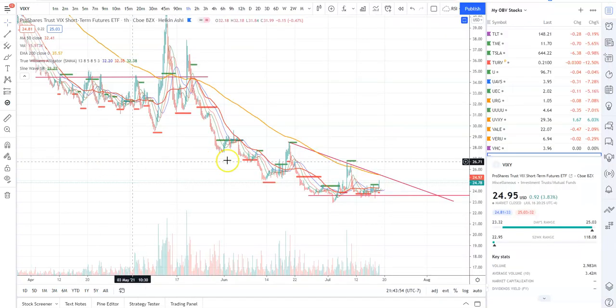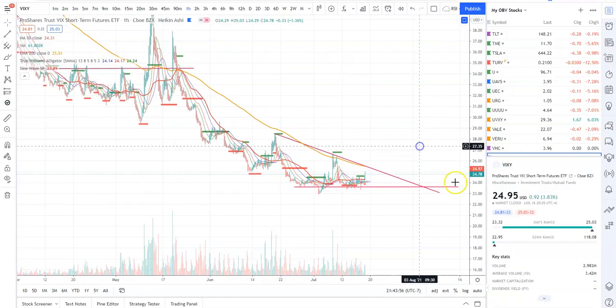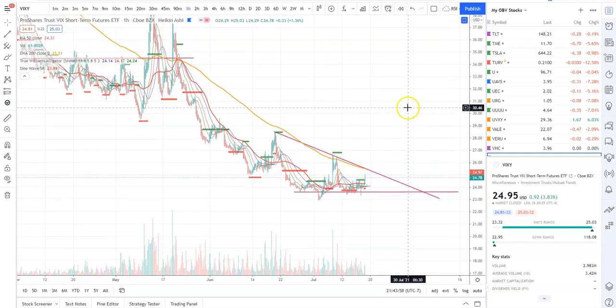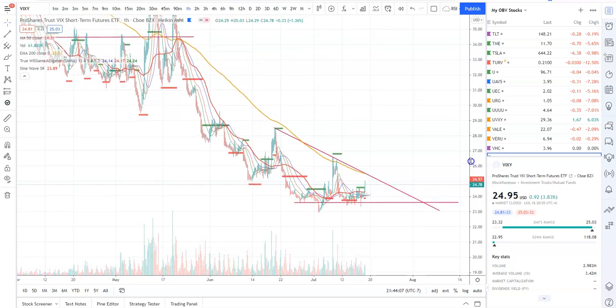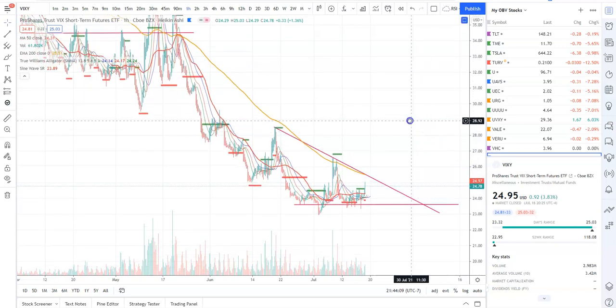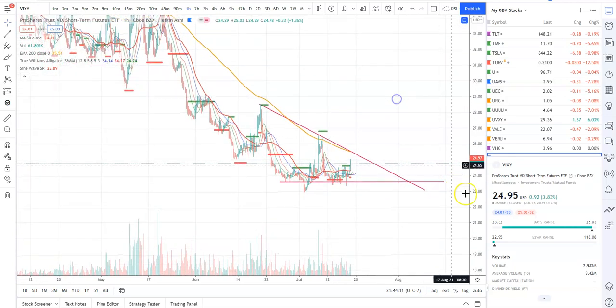So, with that out of the way, we've got some important stuff going on here in the market, I think, right now, guys. So I'm here in TradingView as usual. VIXY is the ticker, which is a proxy for the volatility index.